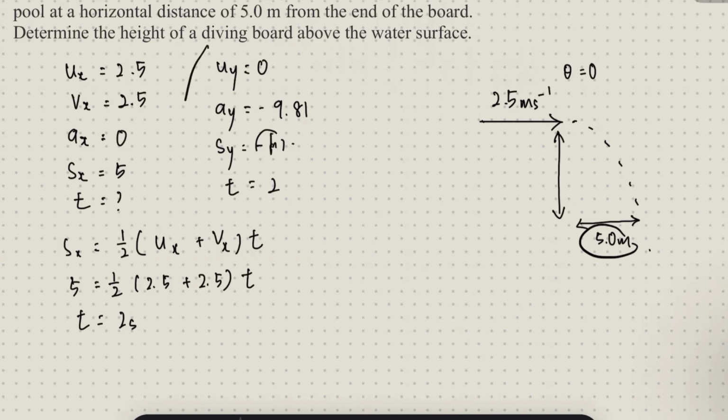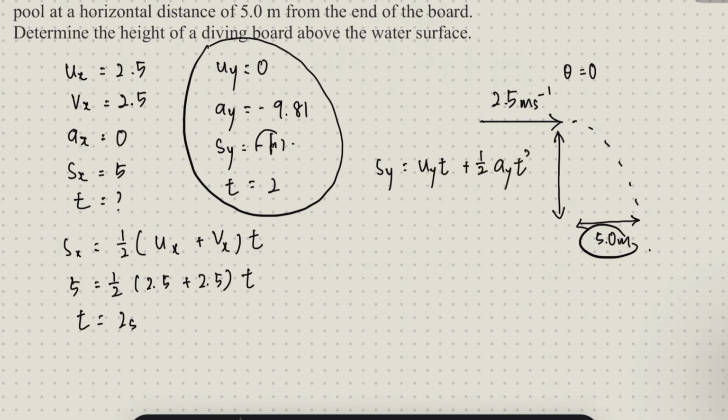For the y component here, we sub the values into another equation, which is Sy equals uy t plus 1/2 ay t squared. Sy is negative h, uy is 0, times 2, plus 1/2 times negative 9.81 times 2 squared.